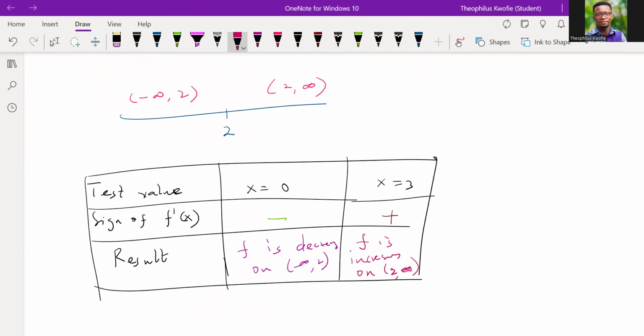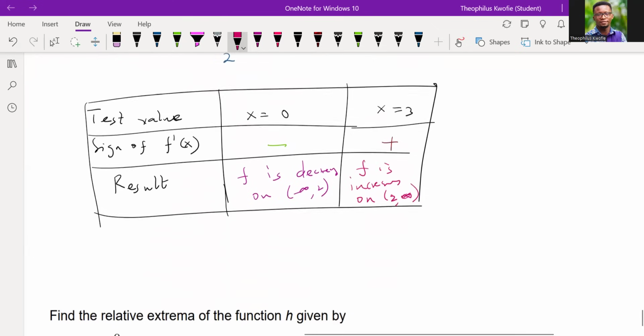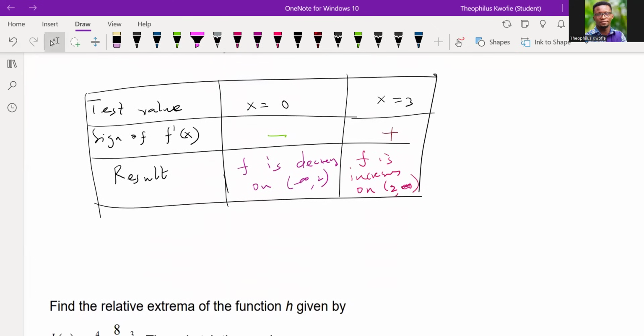Is that okay? It's important that we know how to do this. Now it is easy to give the graph of the function, because you are going from decreasing to increasing. From decreasing to increasing, visually, what comes to mind?